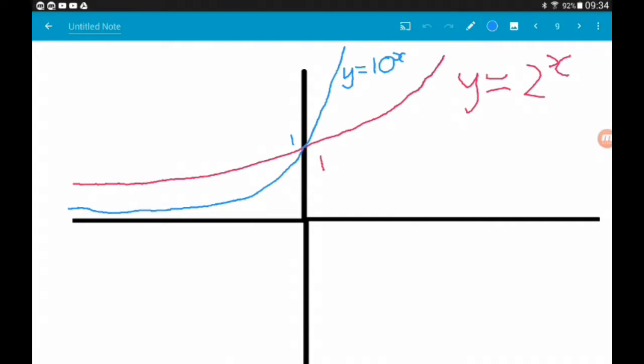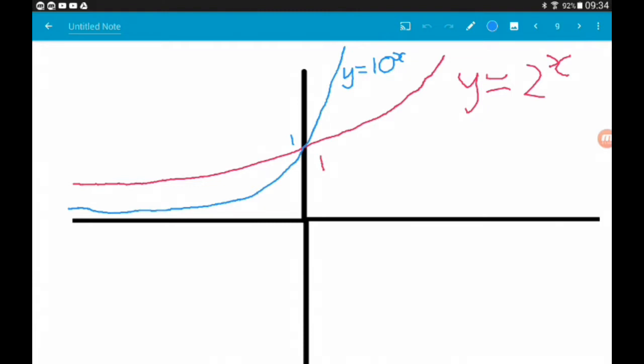But on the right of x equals 0, we've got 10, 100, 1000, 10,000, 100,000. So the values for the function are getting bigger much faster than they are for y equals 2 to the power of x.